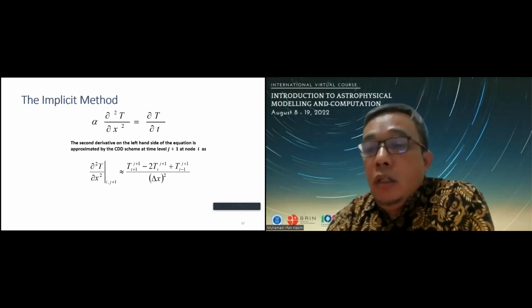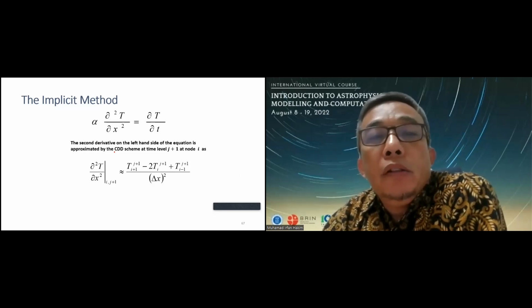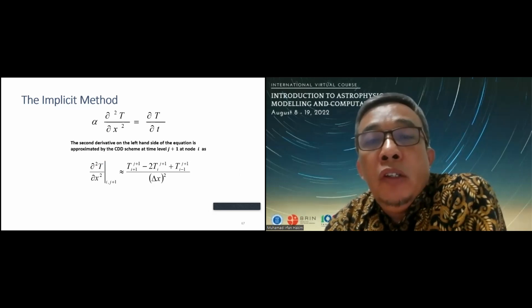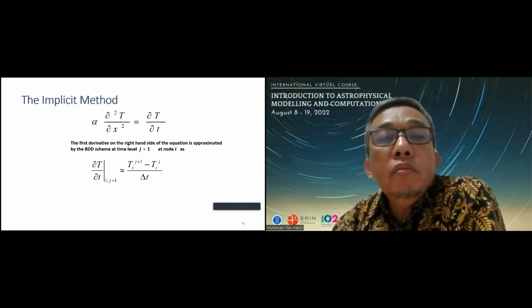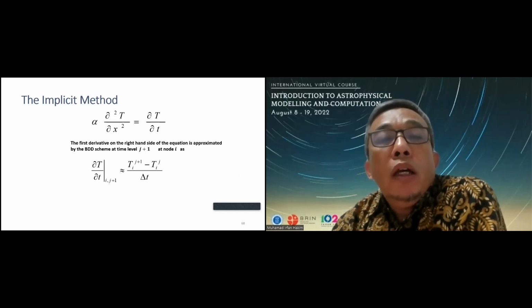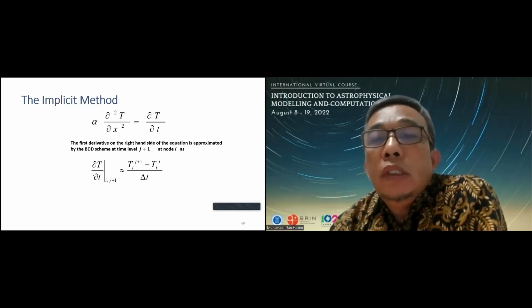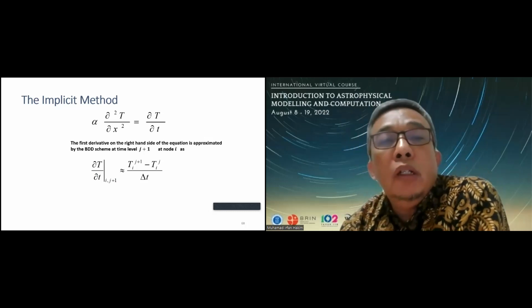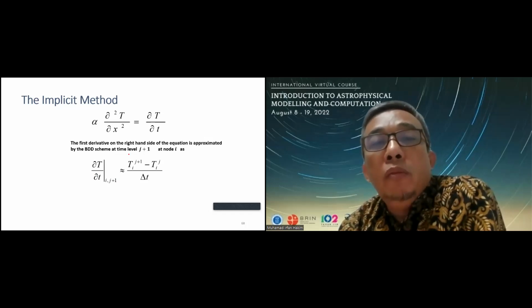Let's see this method here. We use the second derivative approximation here using central difference. And the first derivative of temperature to time here, we use backward difference scheme.